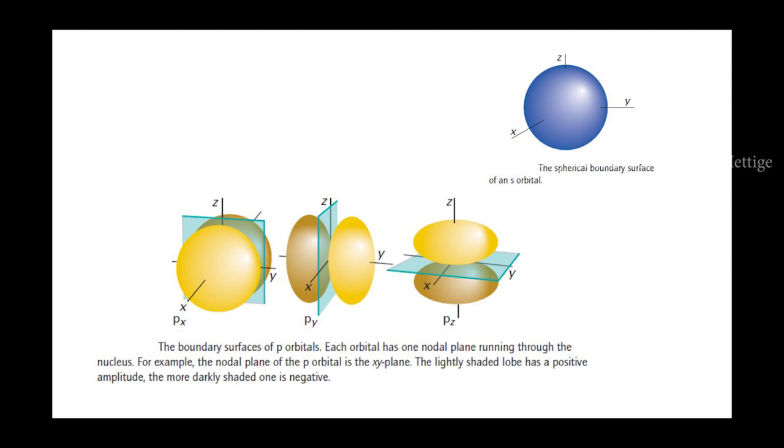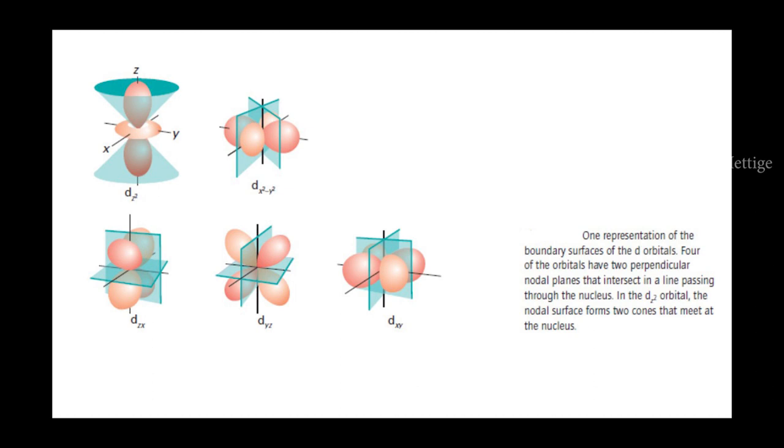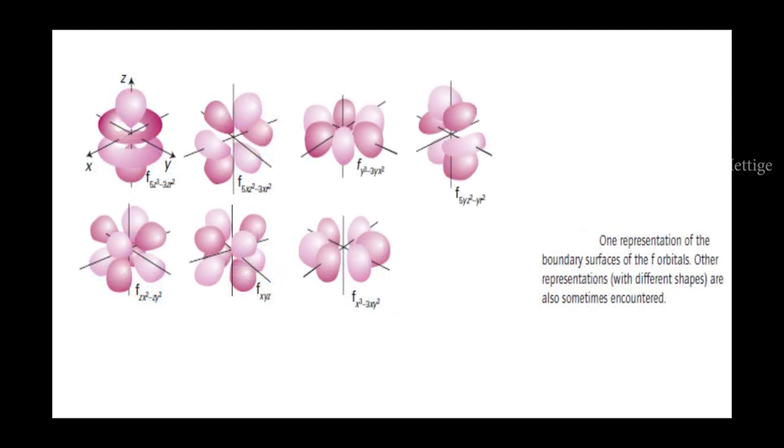There are actually 5 d orbitals. 4 of them have 4 lobes, and the other d orbital is quite different in shape. It has a dumbbell shape with something like a donut around it. So d orbitals are more complex than p orbitals, and the shapes of f orbitals are even more complex.